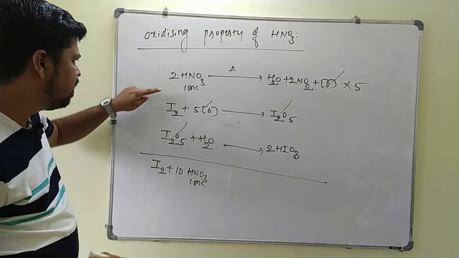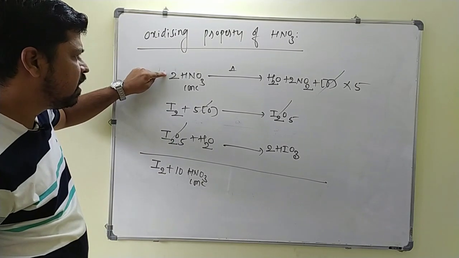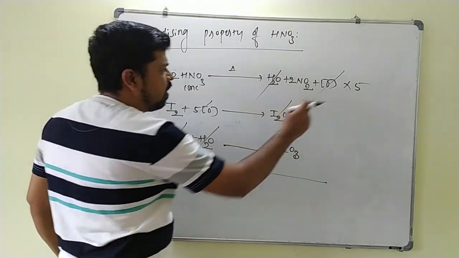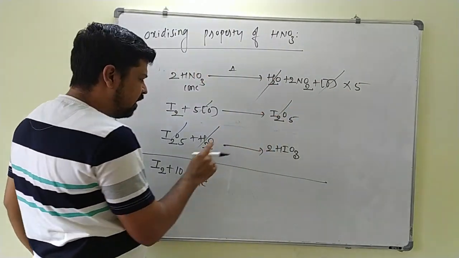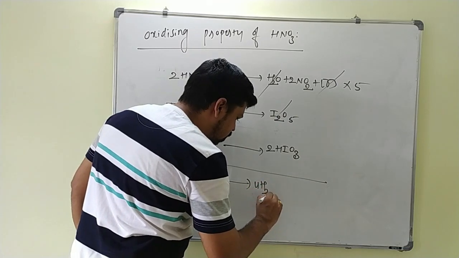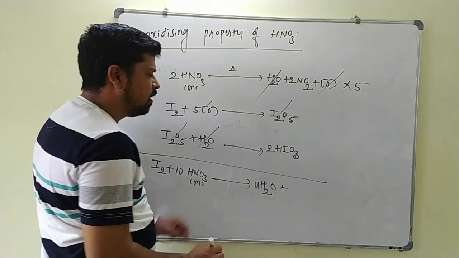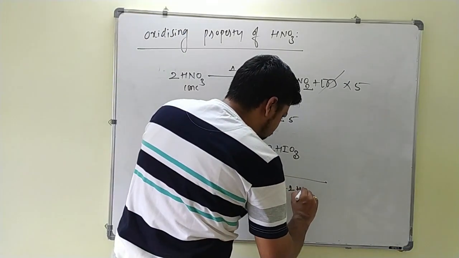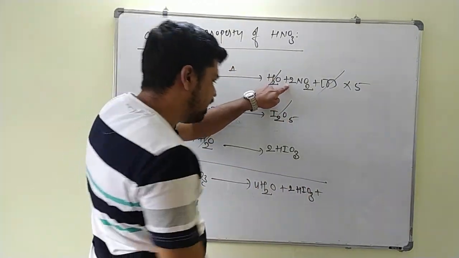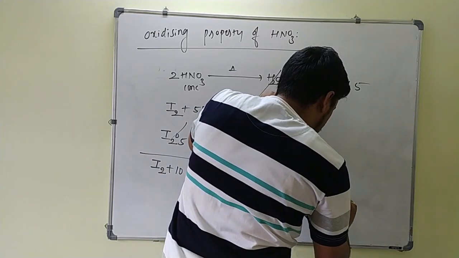Okay. Then I2 reacts with 10 times of concentrated HNO3. Here the water molecule gets cancelled. So here total 5 water molecules are there. In that, one water molecule gets cancelled. Remaining is what here? 4 times of water molecule. Then you will get 2 times of HIO3 plus you will get 10 times of NO2.